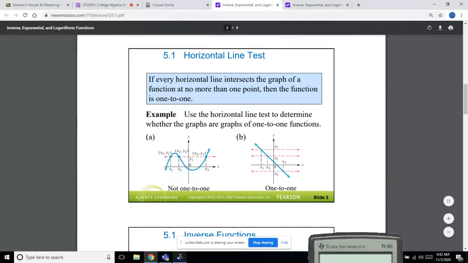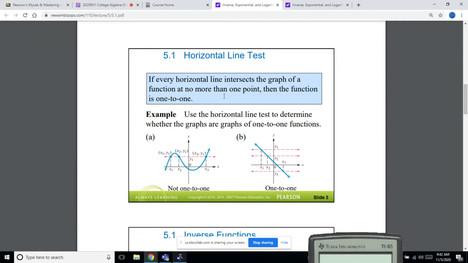So here's the horizontal line test. It says that if you draw a horizontal line and it intersects your graph at no more than one point, then the graph is one-to-one. So here's what that means. If we take a look at example A, notice we have the blue line, which is our curve.